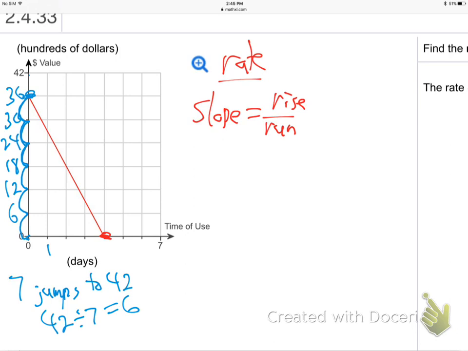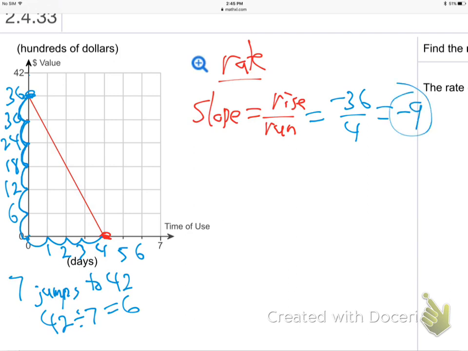And it's over, each of these must be 1, and it's over 4. So it's down 36 over 4. Everybody see that? Down 36 over 4. So, -9. Easy enough once you find the jumps, huh?